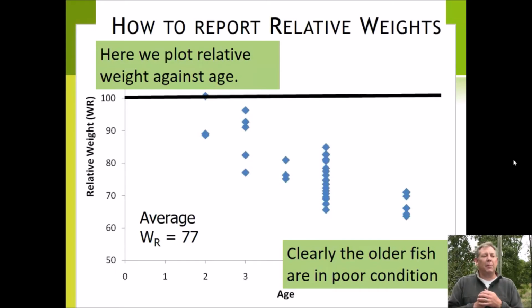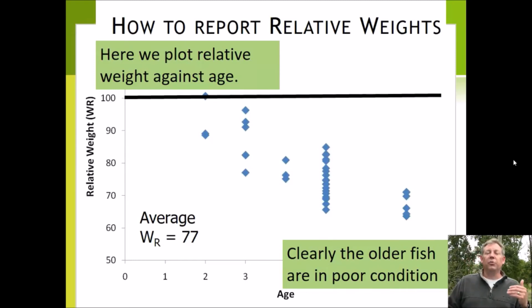In this particular example, these are crappie that were stunted, so all these crappie were the same length. But when we look at the plot of relative weight against age, you see a very clear downward trend. And you see the average relative weight is 77. So these fish in general were in poor condition, and I don't know if there's any of them that are above 100 relative weight.